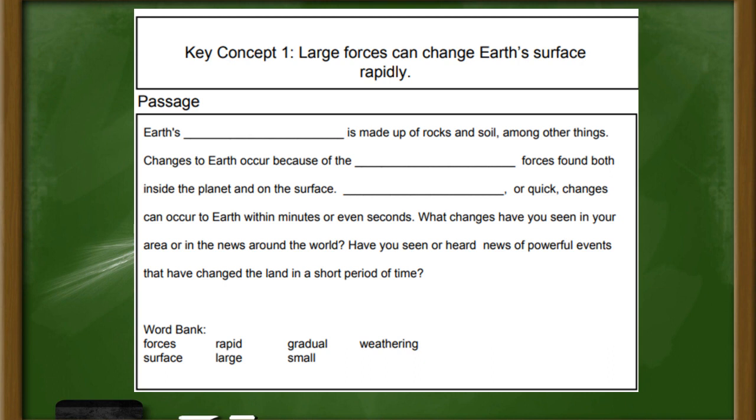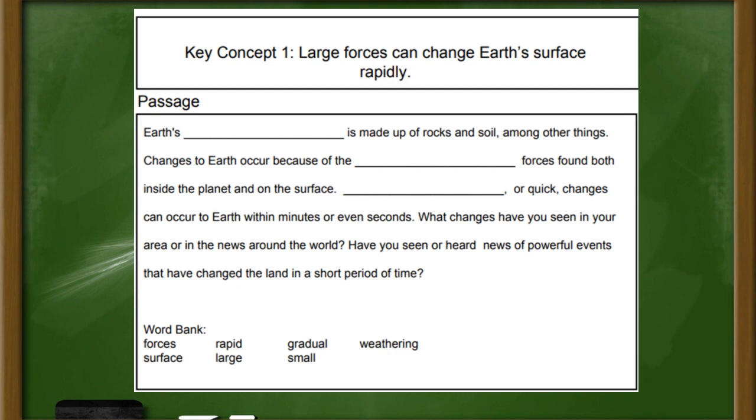Before we look at the illustration, let's quickly look at this first example. If I was using the words in the word bank to fill in the 3 missing words here, the first sentence says Earth's blank is made up of rocks and soil, among other things. It's either Earth's large, Earth's rapid, or Earth's surface.